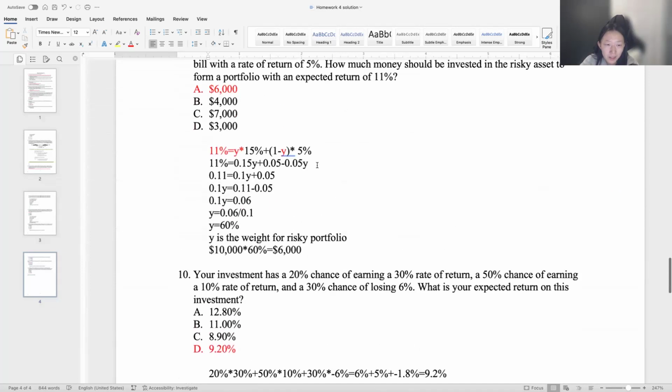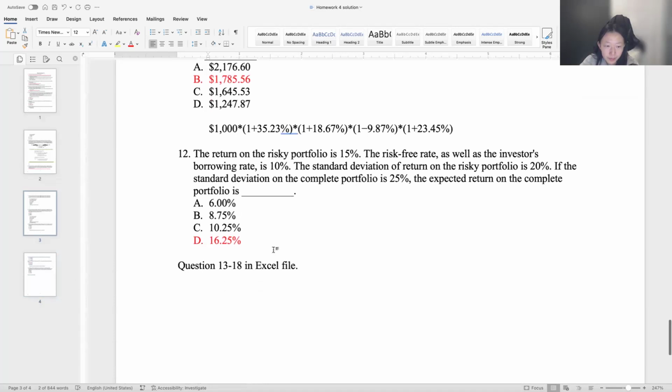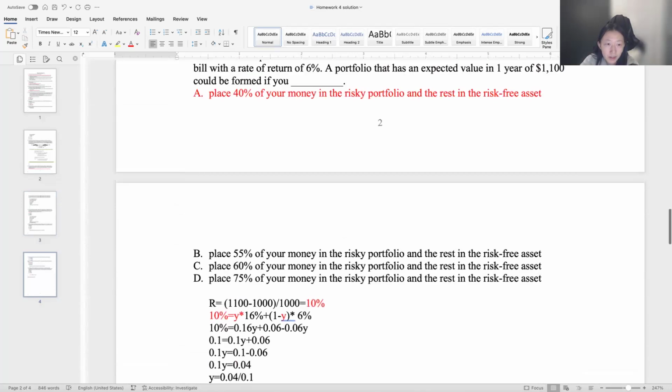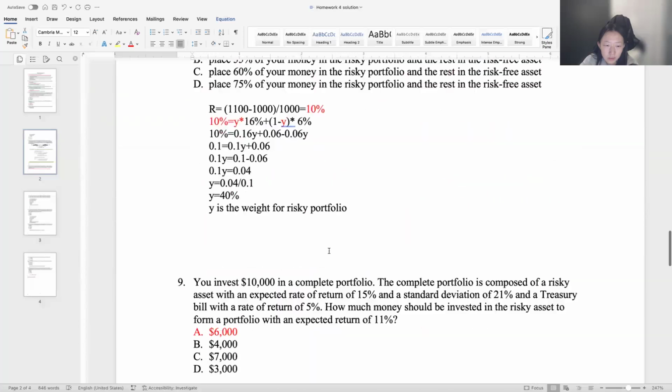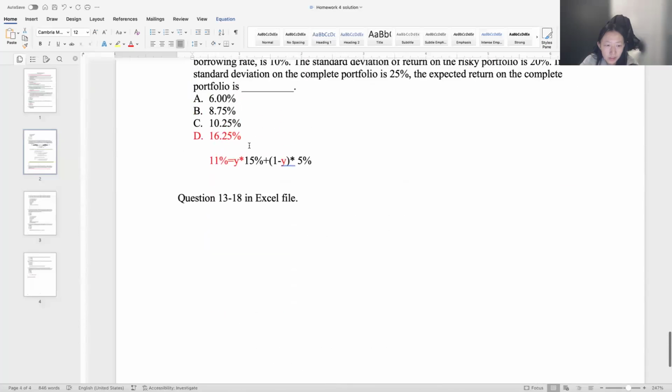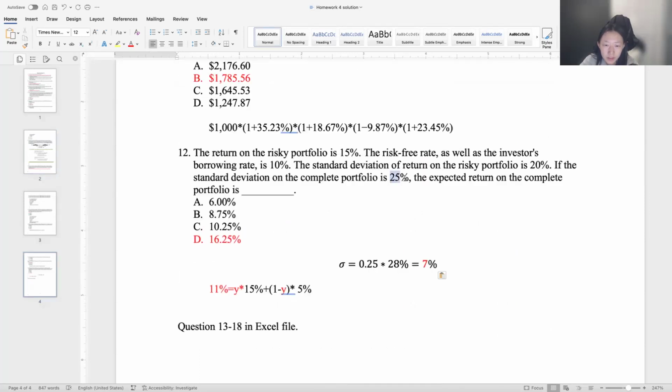All right, so I'm gonna copy the formula down, and then also copy the calculation for standard deviation down. So calculation for standard deviation is we're calculating sigma of the complete portfolio, which is proportional to the sigma of the risky portfolio, and we are solving y.